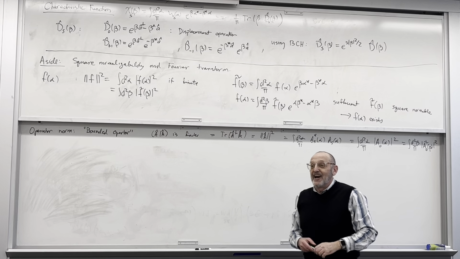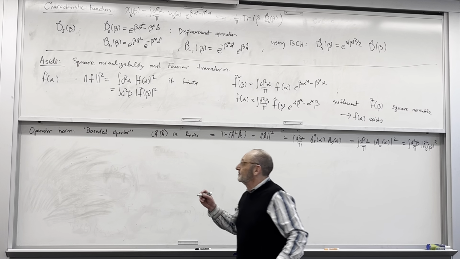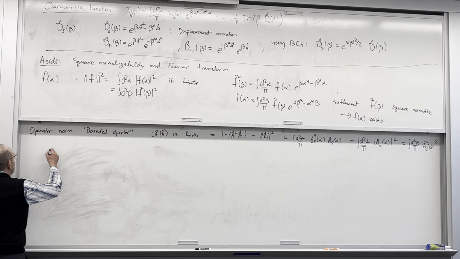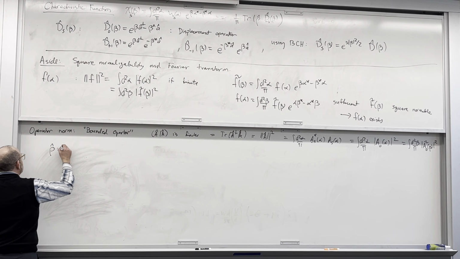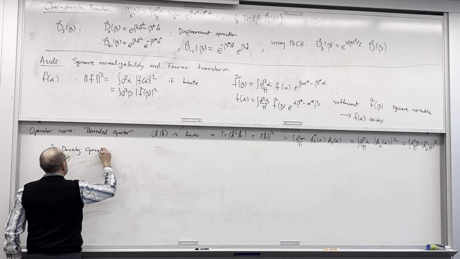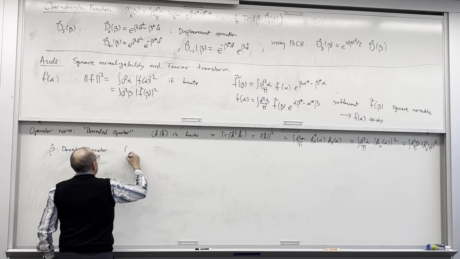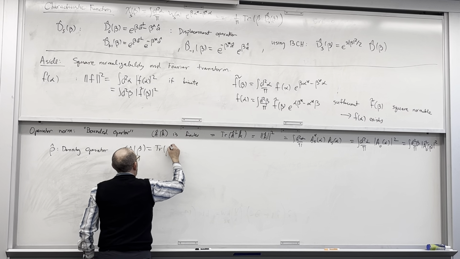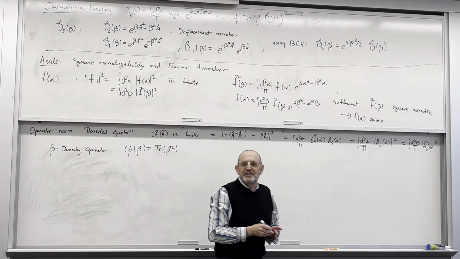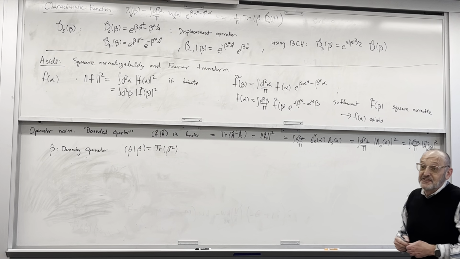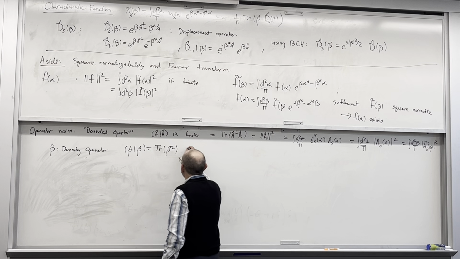Let's look at the density operator. Is the density operator a bounded operator? Let's look at rho. Well, that's the trace of rho squared, because rho is Hermitian. Is that finite? Yes, it is. It's always less than or equal to 1.